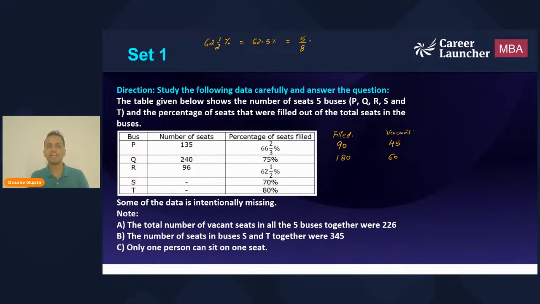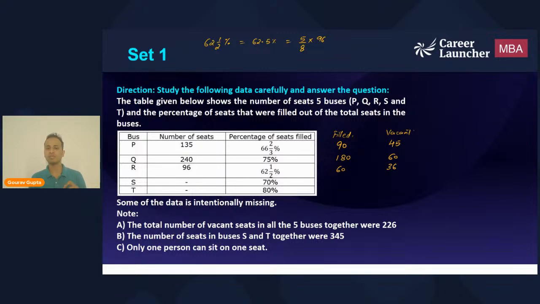So 5 by 8 of 96 seats are filled. 5 by 8 of 96 will be 60. So out of 96, 60 seats are filled and the remaining 36 are vacant. Understand how easy these calculations become if you understand the fractional equivalent of percentages. All right, now moving ahead, talking about the remaining two buses.